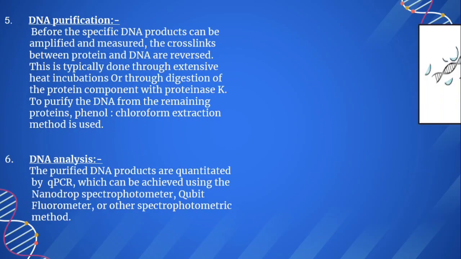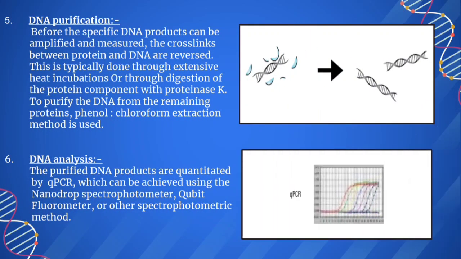The next step is DNA purification. Before the specific DNA products can be amplified and measured, the crosslinks between protein and DNA are reversed. This is typically done through extensive heat incubations or through digestion of the protein component with proteinase K. Proteinase K is used in this step because it cleaves at the carboxy side of aliphatic, aromatic or hydrophobic residues, and it also has high specificity.